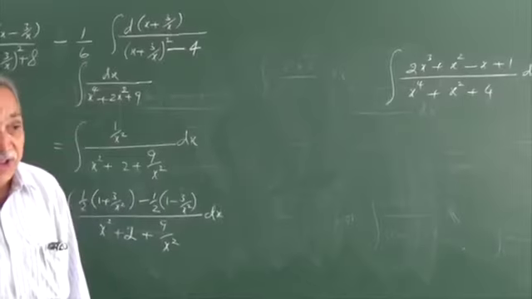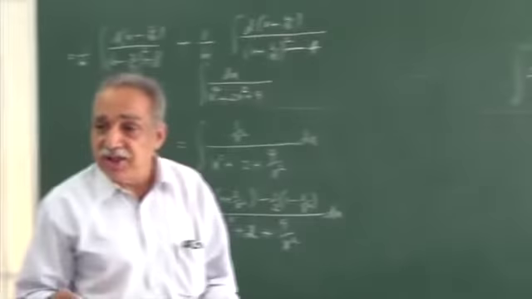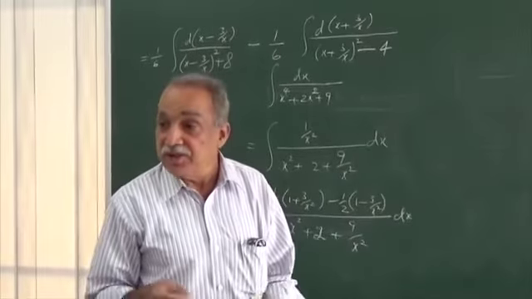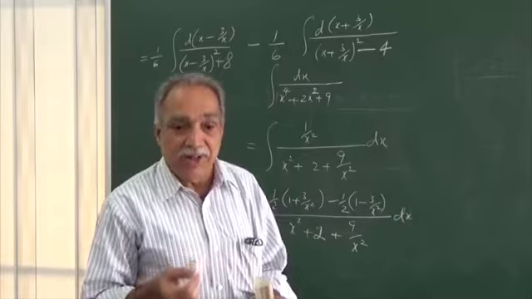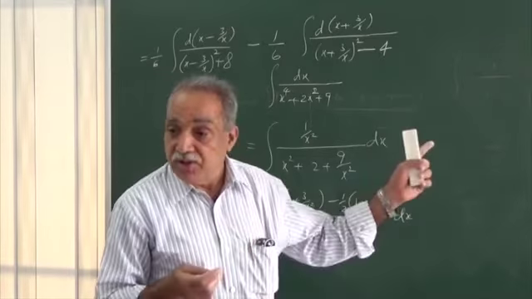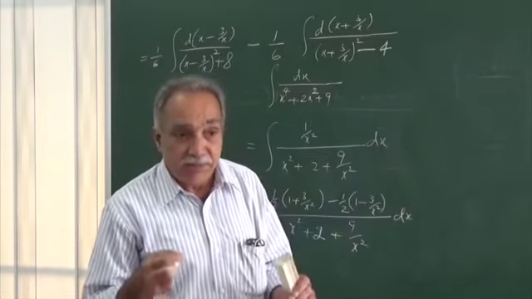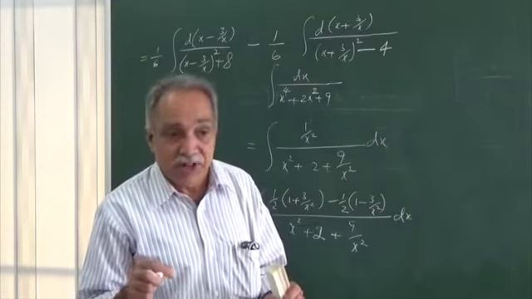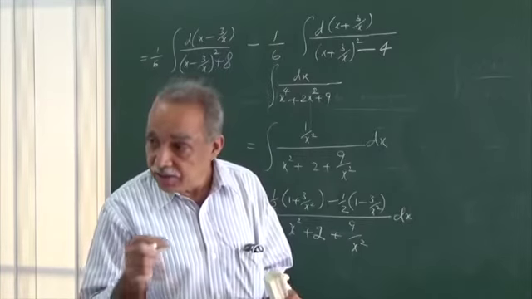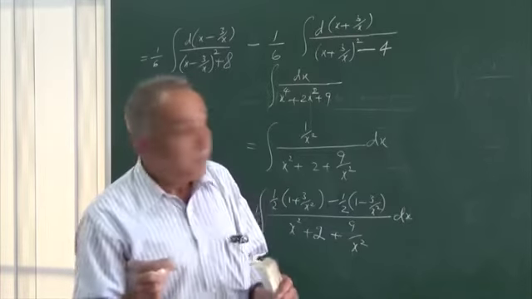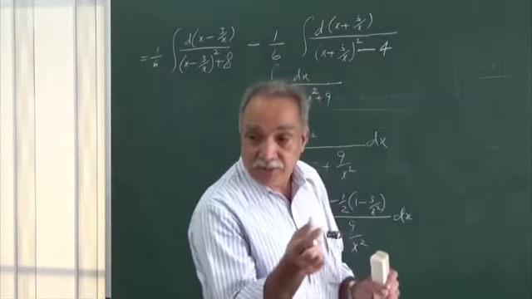In which part of this situation is the method that we were just now discussing usable? The part with the numerator x square plus 1.